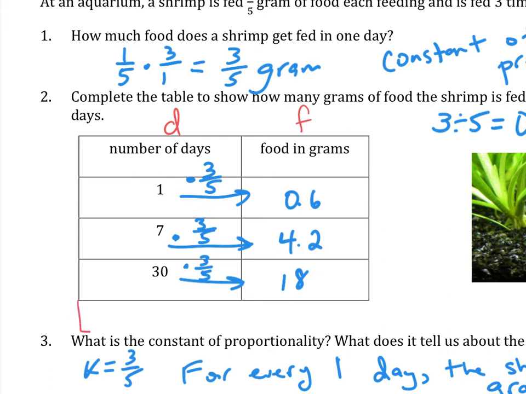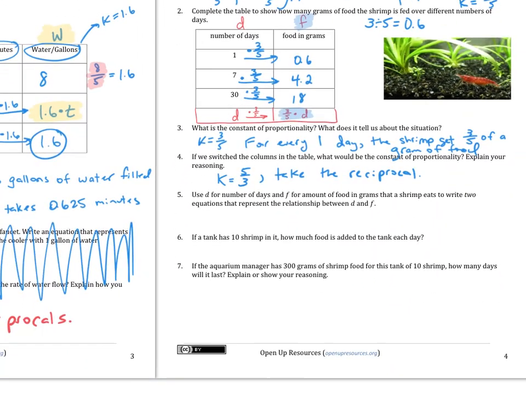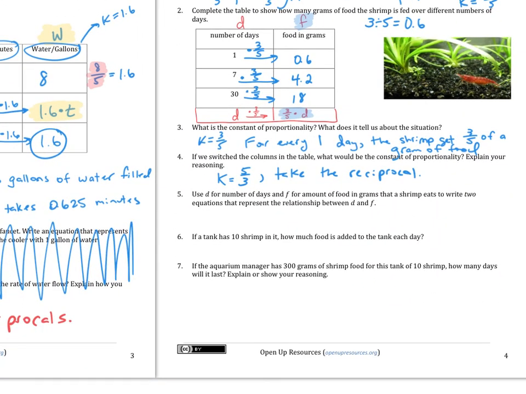I am going to add an entry to my table for D. So if I multiply that by 3/5, I get 3/5 times D. So now my equation is going to be F equals 3/5 times D. So that is one of my equations.